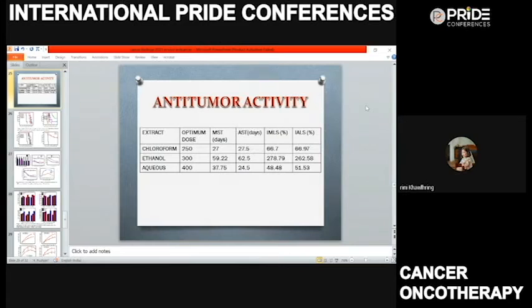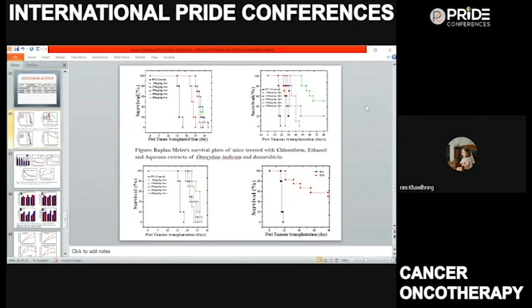So in case of chloroform extract, the optimum dose was 250 mg per kg body weight, and in case of ethanol, it was 300 mg per kg body weight, and in case of aqueous extract, it was 400 mg per kg body weight. And we have observed best survivability in 300 mg per kg body weight of ethanol extract.